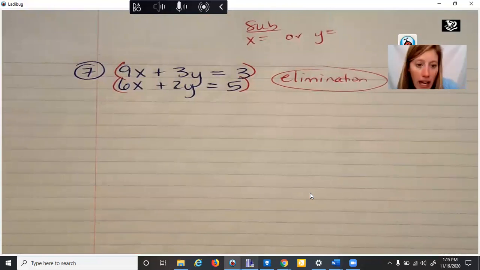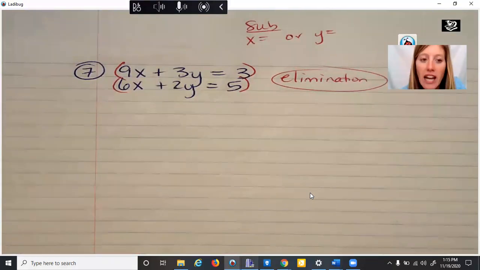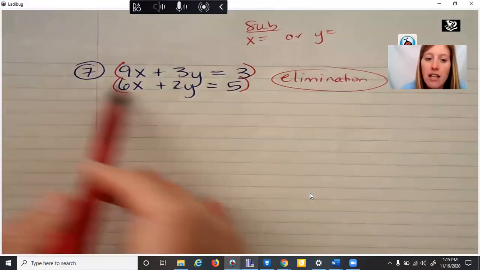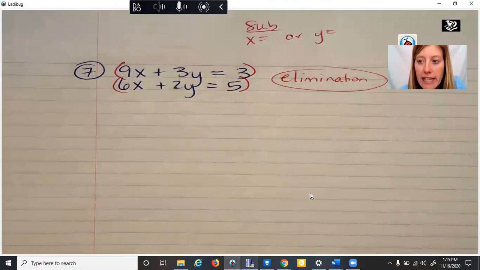Chase, what do you think I'm going to multiply the top one by? Do you see that nothing cancels? So we're going to have to multiply both of the equations to get it to where it'll cancel.